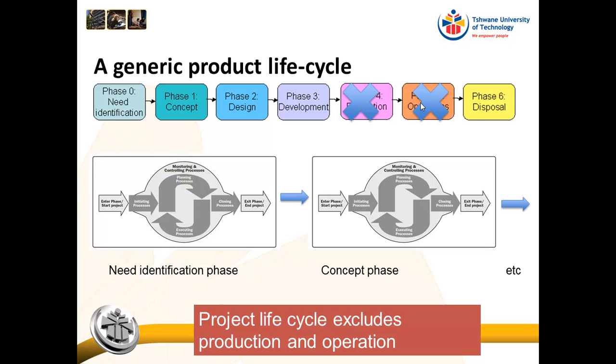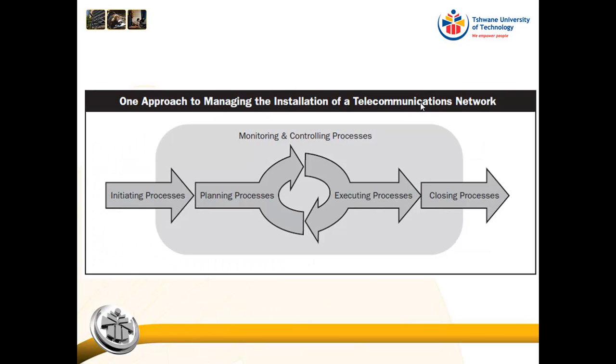All right. So this is basically the generic product life cycle. And you will see that your product life cycle is very much dependent on the product itself. Sometimes we will manage the project, or the product, in such a way that it only has one phase.